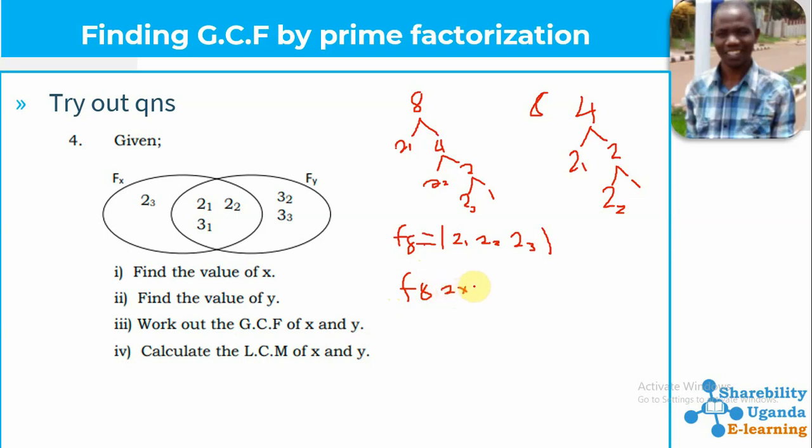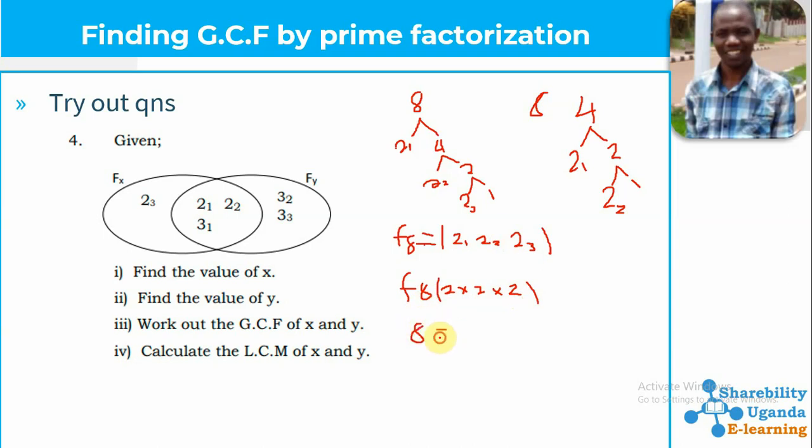Then we represent them in a multiplication form. How many times are they appearing? They are appearing 3 times. Then we multiply them. So when we multiply them, we shall be able to get our 8.